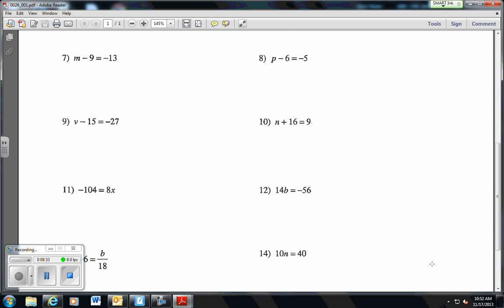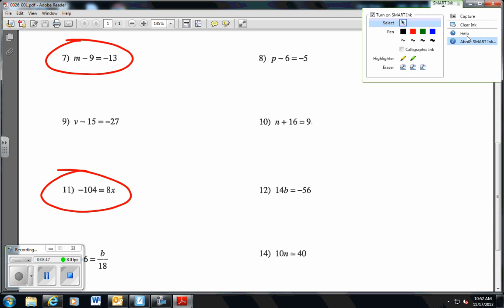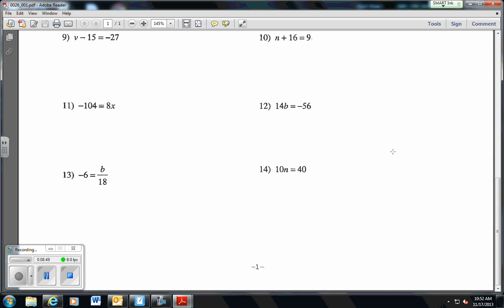Number 7 and 11. Those 3, and one more. Number 13. So 1, 7, 11, and 13. Do those 4 problems and bring them into class tomorrow.